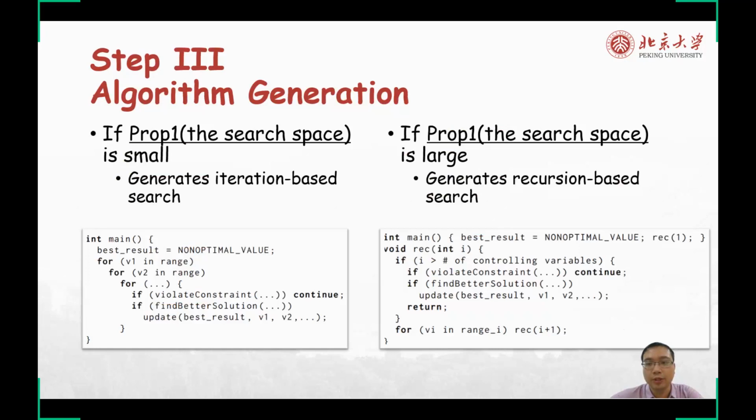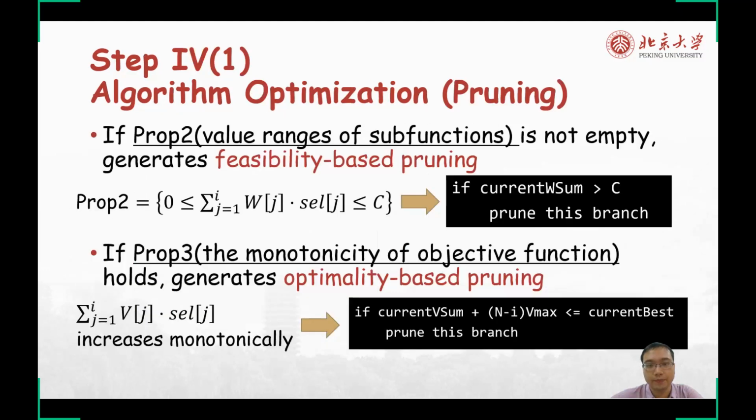To decide which search strategy to adopt, we characterize Prop 1 by the independent variables found in step 2. If Prop 1 corresponds to few independent variables, SoGen generates an iteration-based algorithm. Otherwise, SoGen generates a recursion-based algorithm.